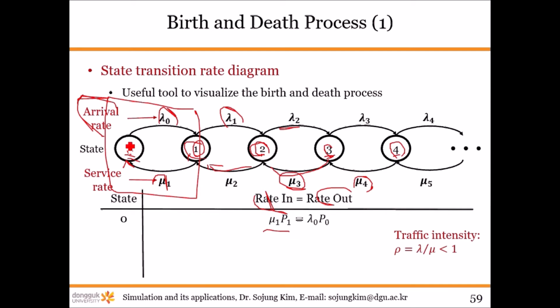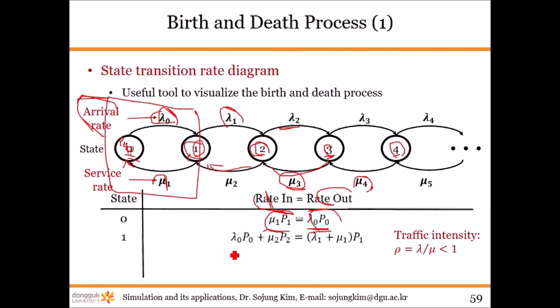And then rate out: the probability to have this state, which is P0, you multiply by the arrival rate, so that you can calculate rate out, right? So rate in and rate out must be equal, and so on.